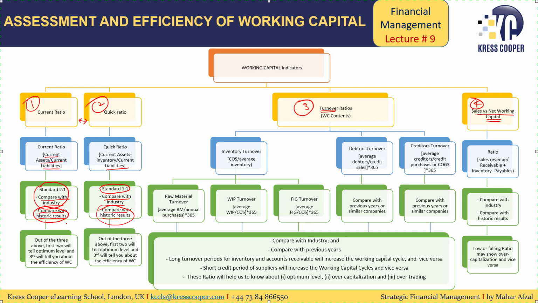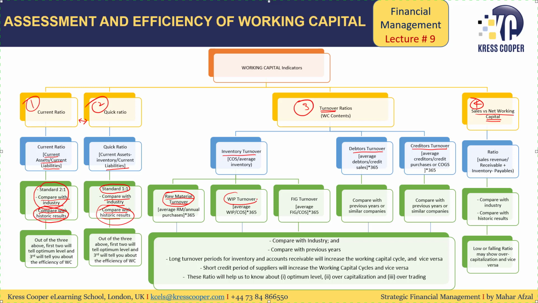Turnover ratio, we have discussed. Turnover ratio will help us to understand the efficiency, and these turnover ratios can be classified into inventory turnover, debtors turnover, and creditors turnover. Inventory turnover can further be classified into raw material turnover. Raw material turnover will help us to understand how quickly raw material is being converted into work in process.